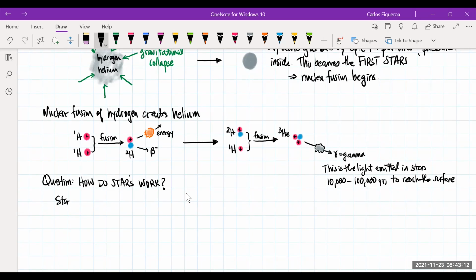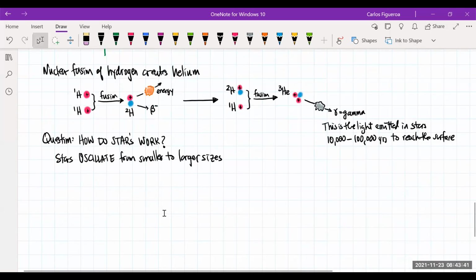Stars oscillate from smaller to larger sizes, which is kind of amazing when you think about it. You've got to look at that gamma ray. That's the important piece.